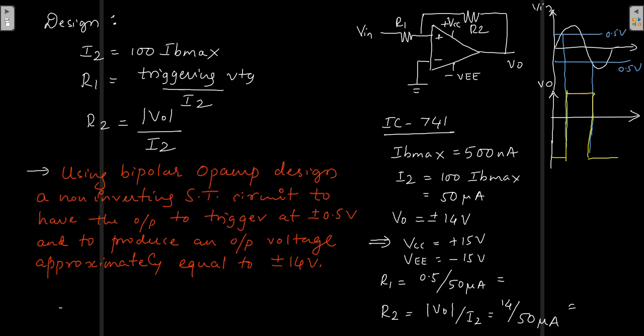So R1 equals 10 kilo ohms and R2 equals 280 kilo ohms. So this is 280k, this is 10k, and this is minus 15 volt, this is plus 15.